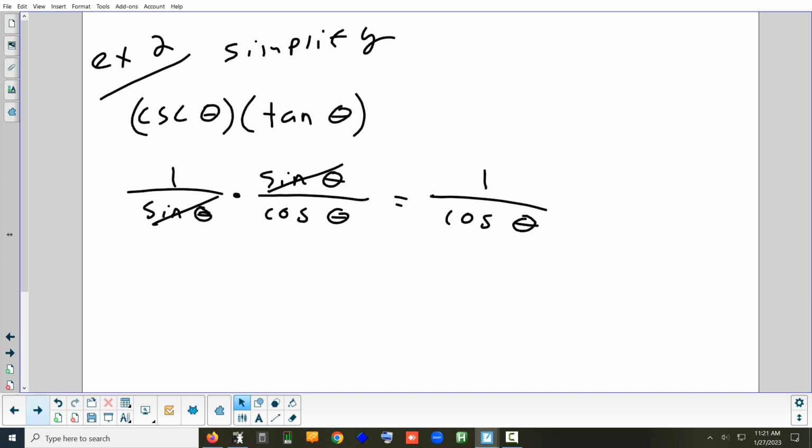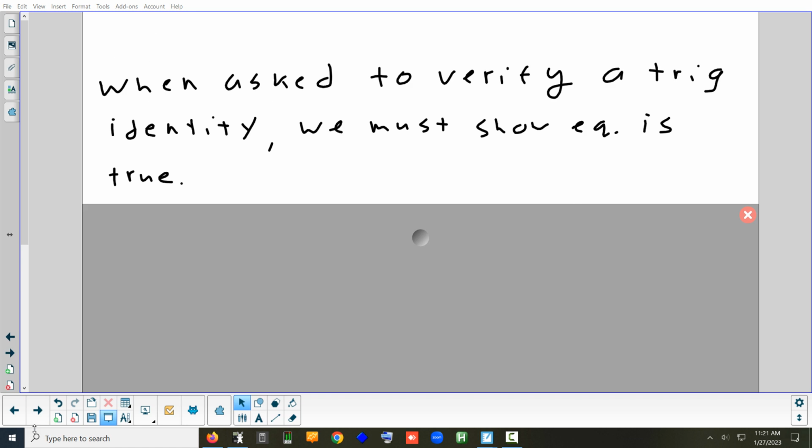And at this step, you might wonder, should I keep going? What should I do? I would say if you can write something not as a fraction, that's simpler than having a fraction. That's just secant. Even if it's reverting back from the sine and cosine, that's okay, because I would say this is simpler because it's not a fraction. And sometimes we're going to do some problems that don't say simplify. They say verify.